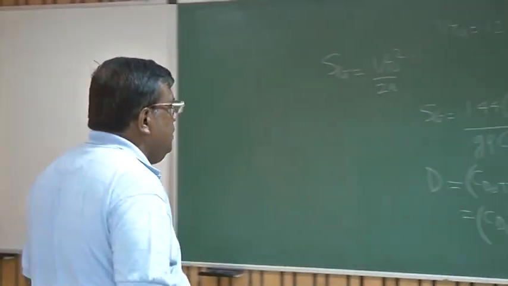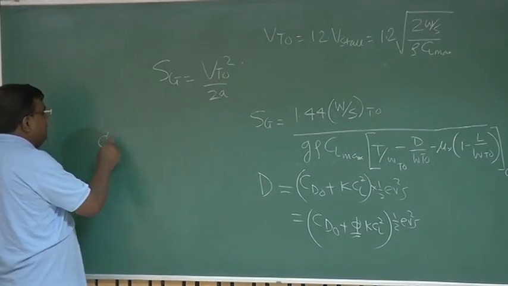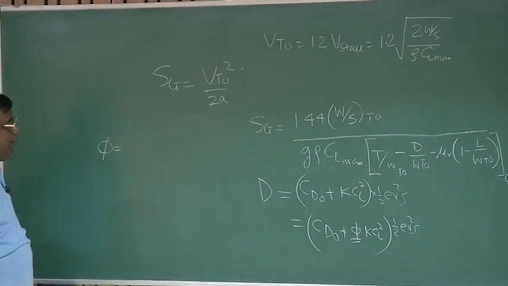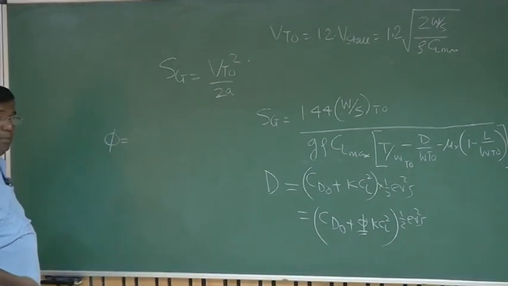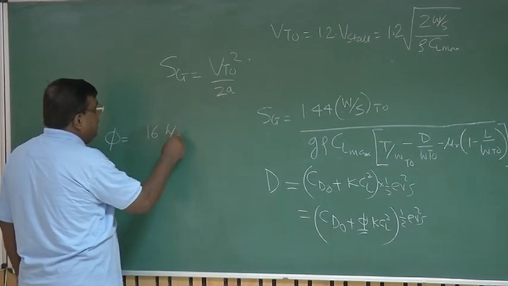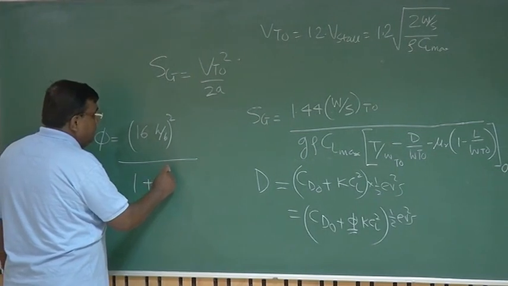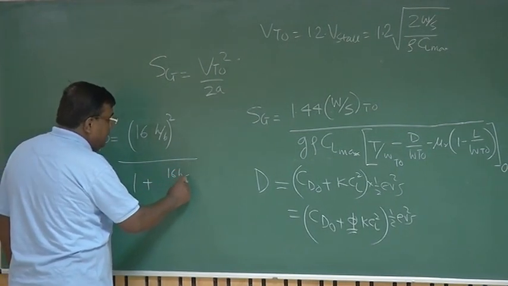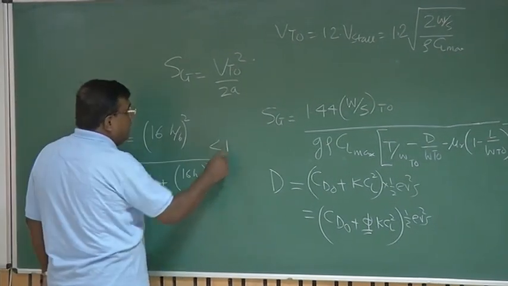Okay, 20% is fairly a good initial design approximation, but many researchers have put in effort on this value phi, and given an expression to estimate phi for incompressible flow, and that is modeled as (16h by b) whole square divided by 1 plus (16h by b) whole square, and this value is less than 1.